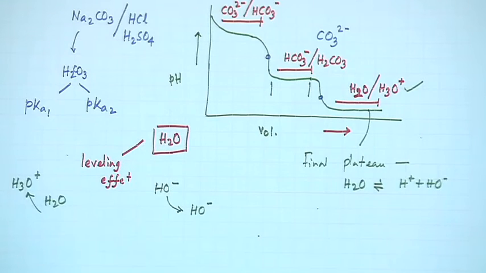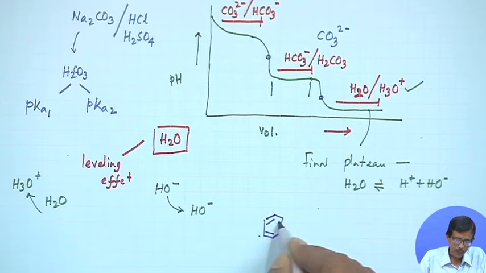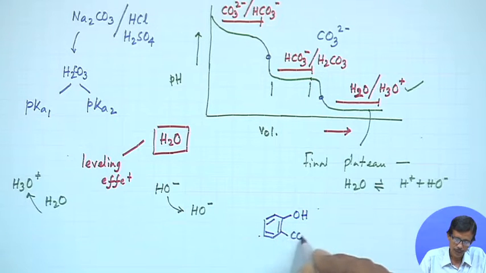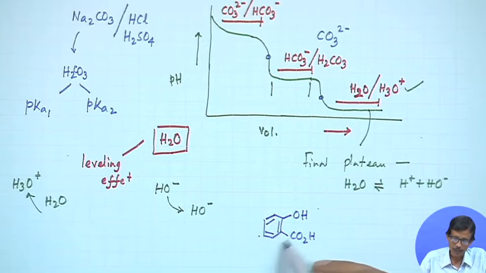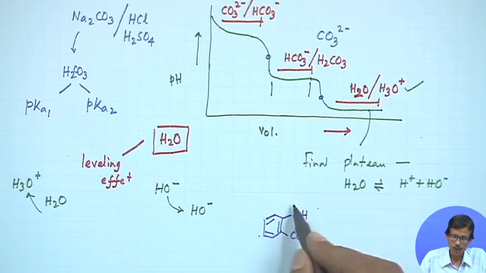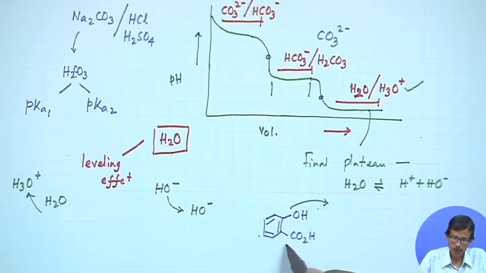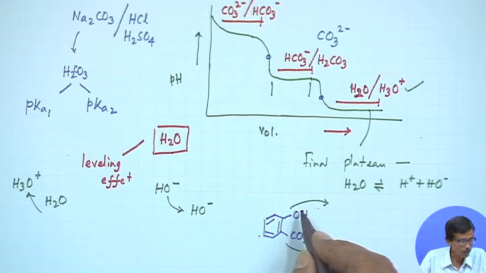So, one such example in this regard is the diprotic material, salicylic acid, where, with the phenyl ring, there is attachment of two groups, one is the phenol function, another is the carboxylic acid function. So, definitely their pK values are different. This is more acidic compared to your phenol unit.